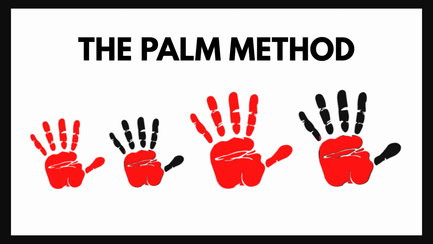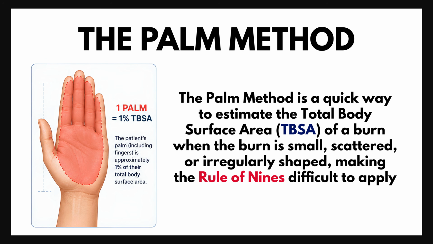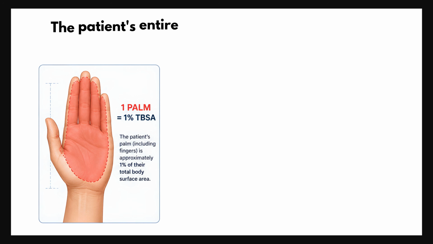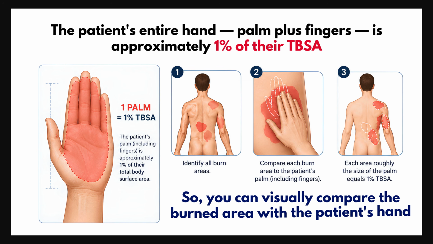The palm method. What is the palm method? The palm method is a quick way to estimate the total body surface area, TBSA, of a burn when the burn is small, scattered, or irregularly shaped, making the rule of nines difficult to apply. The key idea is the patient's entire hand, palm plus fingers, is approximately 1% of their TBSA, so you can visually compare the burned area with the patient's hand.